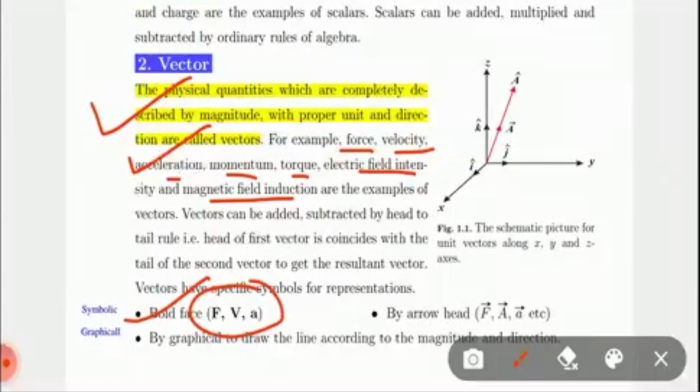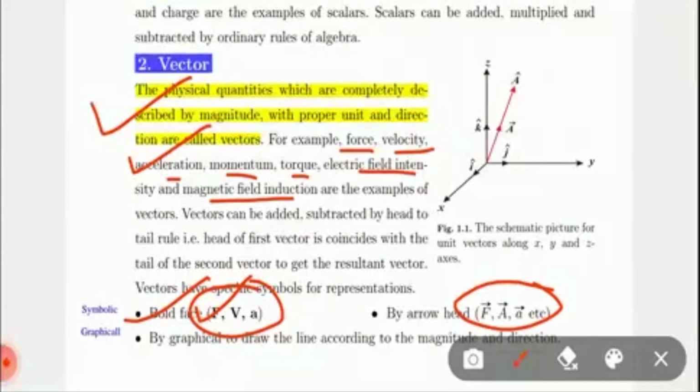Just like this, force F is bold, the velocity v symbol is bold, and the same for acceleration. We can also express vector quantities by using an arrowhead above the letter. Here you can see the vectors are represented by letters with an arrowhead above them.